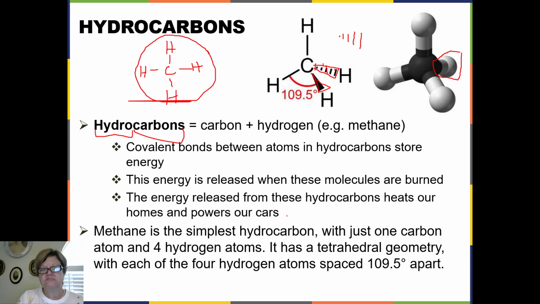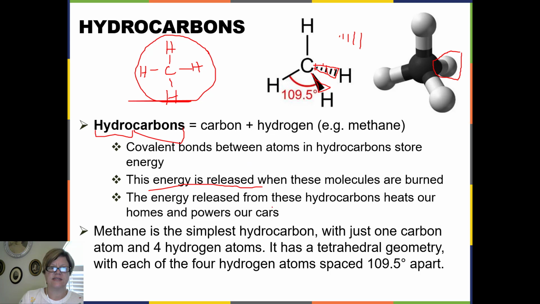Covalent bonds hold a lot of energy. Remember I told you it's really hard to break a covalent bond? But if you can break it, a lot of energy will be released from that bond. In fact, hydrocarbons are like fossil fuels.